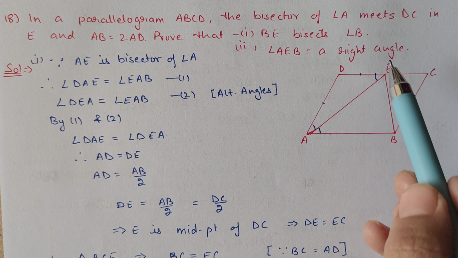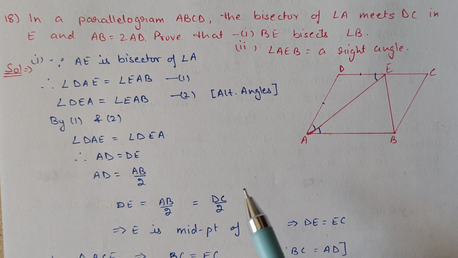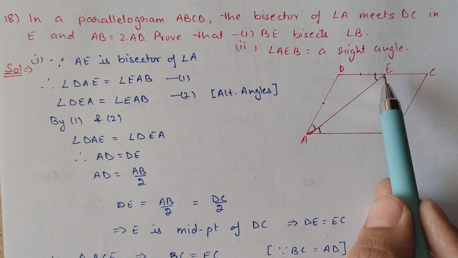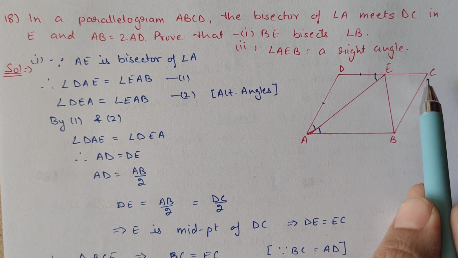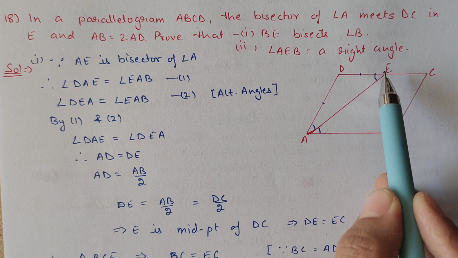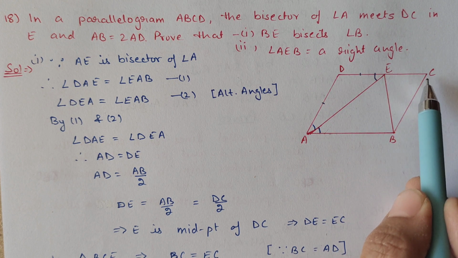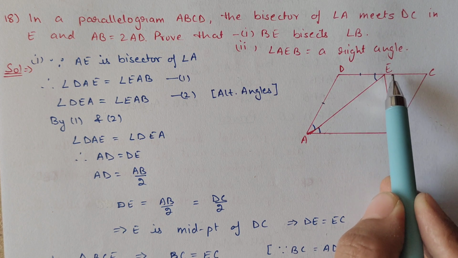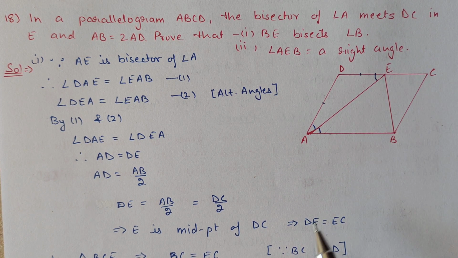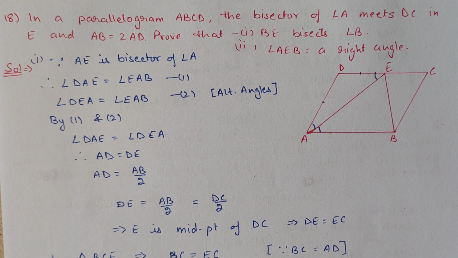Both are the opposite sides of the parallelogram. So we can say this DE is equal to half of AB or half of DC. It means this E is the midpoint of DC. If it is the midpoint of DC, it means DE is equal to EC. DE and EC are equal.